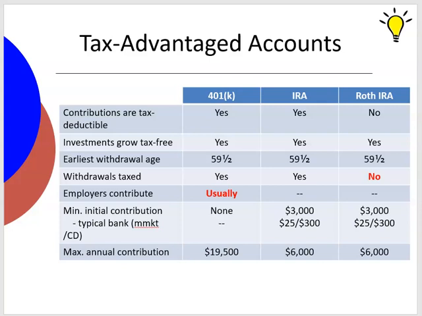It includes different mutual funds or maybe even stocks and individual bonds. But it's your money, your account. The investments grow tax-free. That's great. So that money just keeps accumulating. And when you take it out, you pay income taxes.